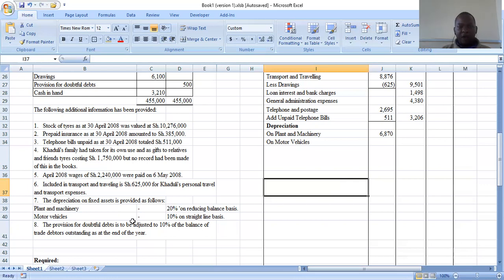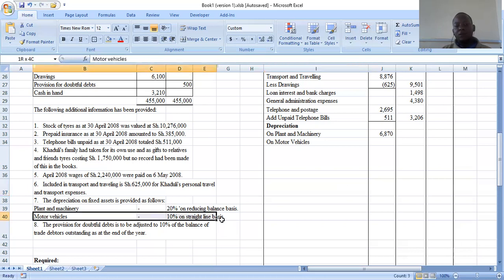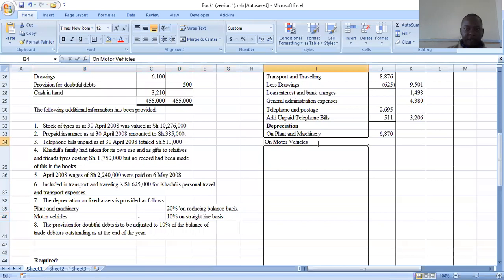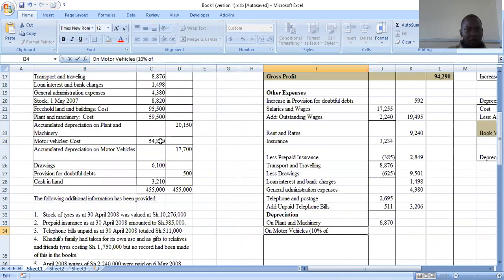And now in this case, you have not been given the scrap value of these motor vehicles. So therefore, the depreciation shall be 10% of the cost of the motor vehicles, which is 54,820,000.